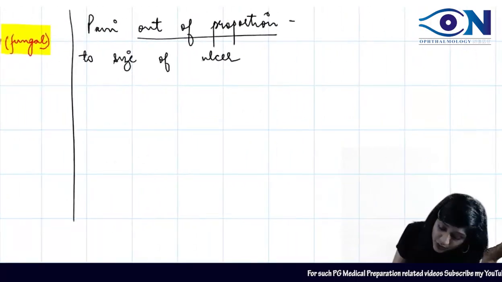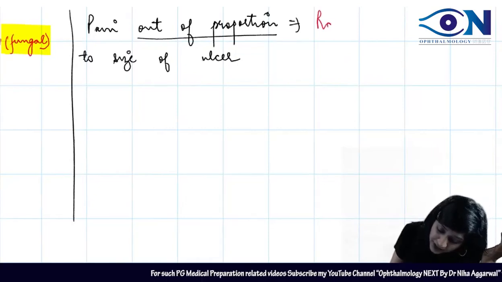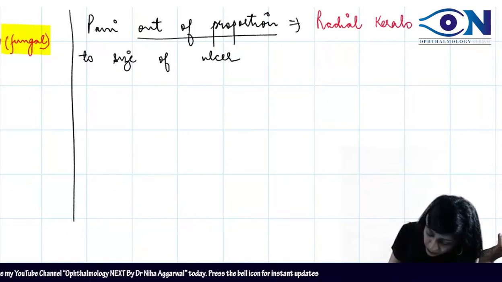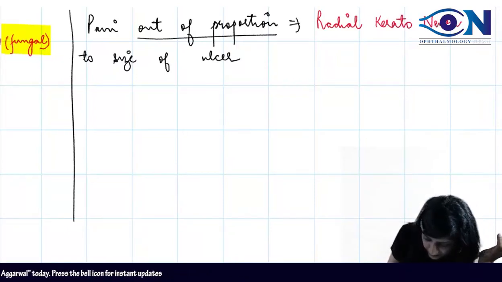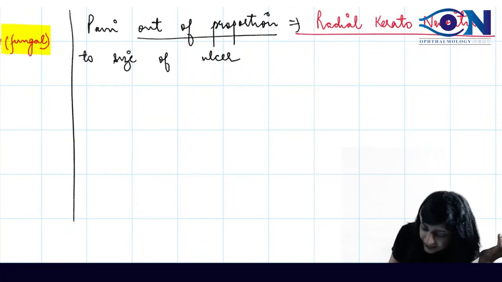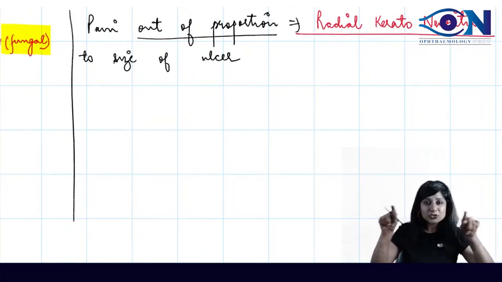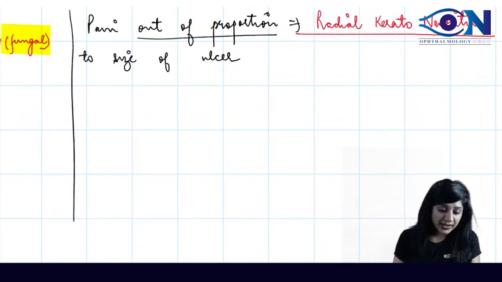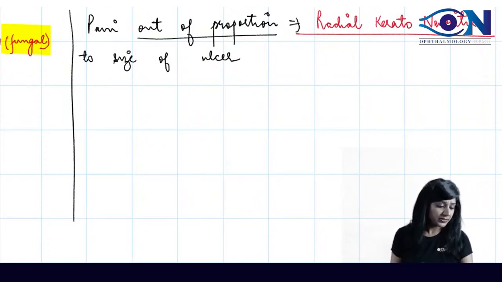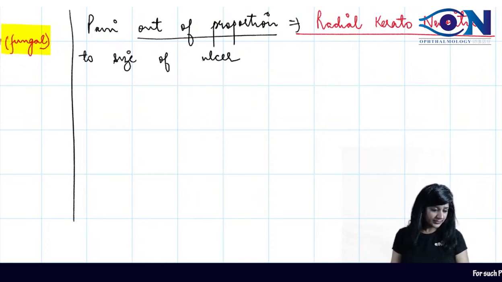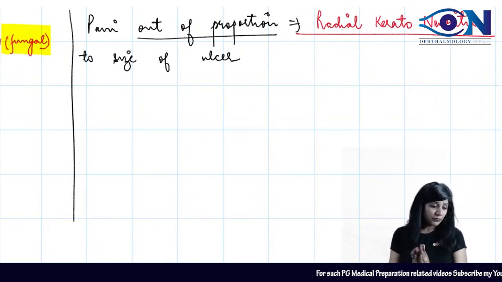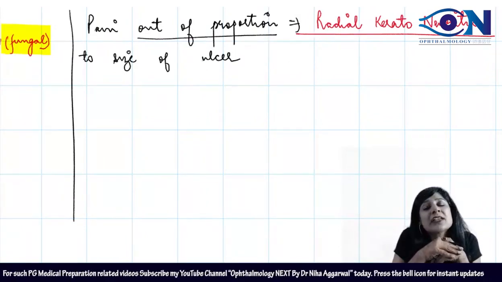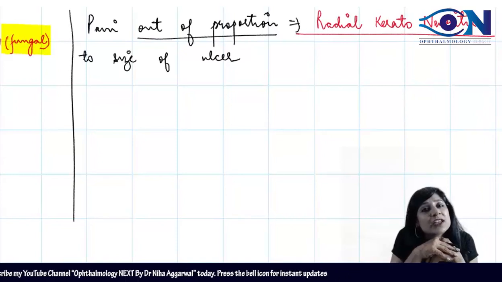This is because of radial keratoneuritis. The radial arrangement of nerves, there we are having inflammation. This is called radial keratoneuritis. Yes. So, what is the most common infection in a contact lens user?